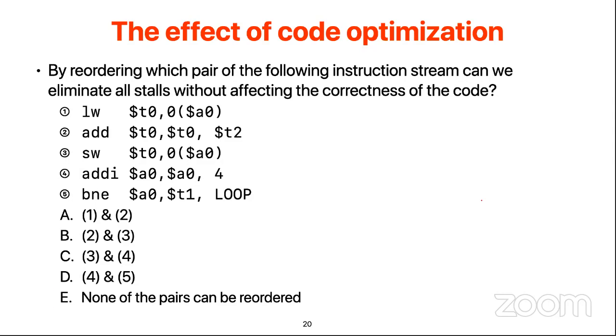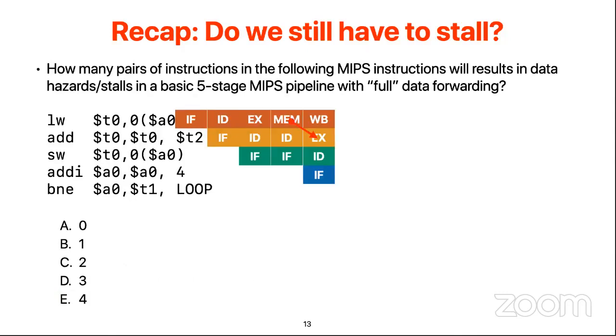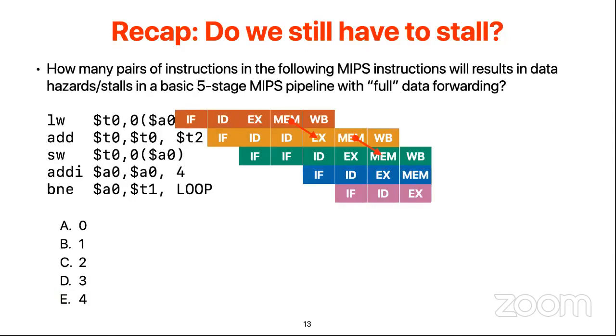There are quite a few things that can help address the data dependency issue, or data hazard, like data forwarding. But as you can see here, data forwarding does not solve all the cases, because you just cannot forward data that is generated late in your pipeline. So here we still have to stall.